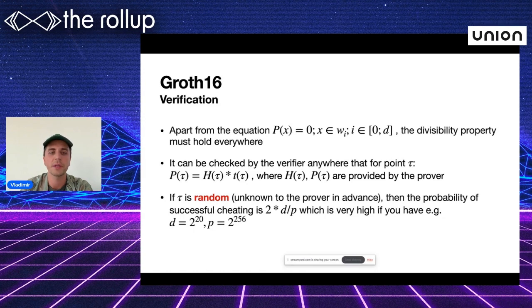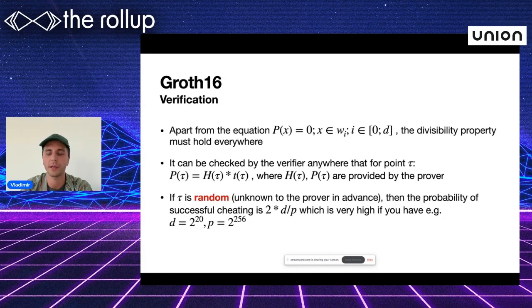The problem here is that if the prover knows the point where this property is checked, then they can very easily cheat, because they can create such an H so that this property only holds at this single point and nowhere else.